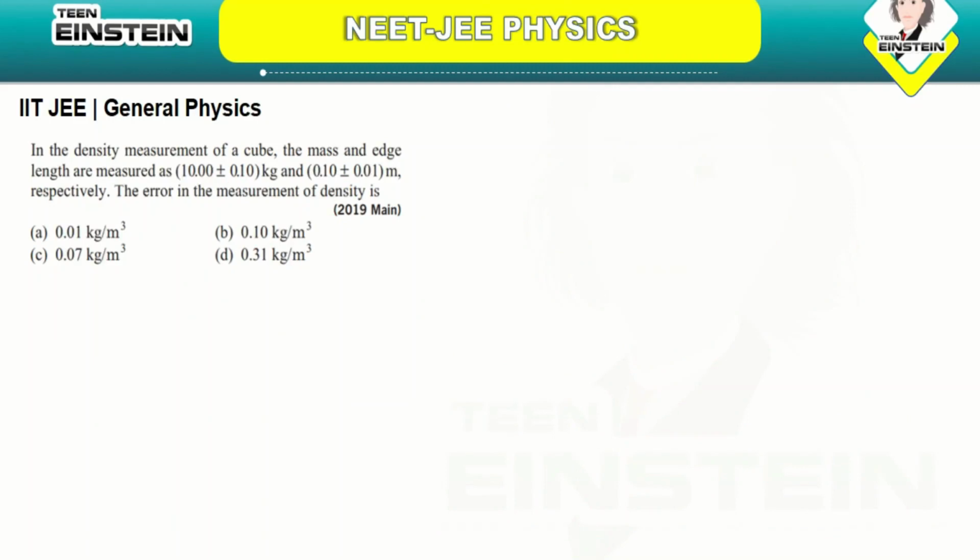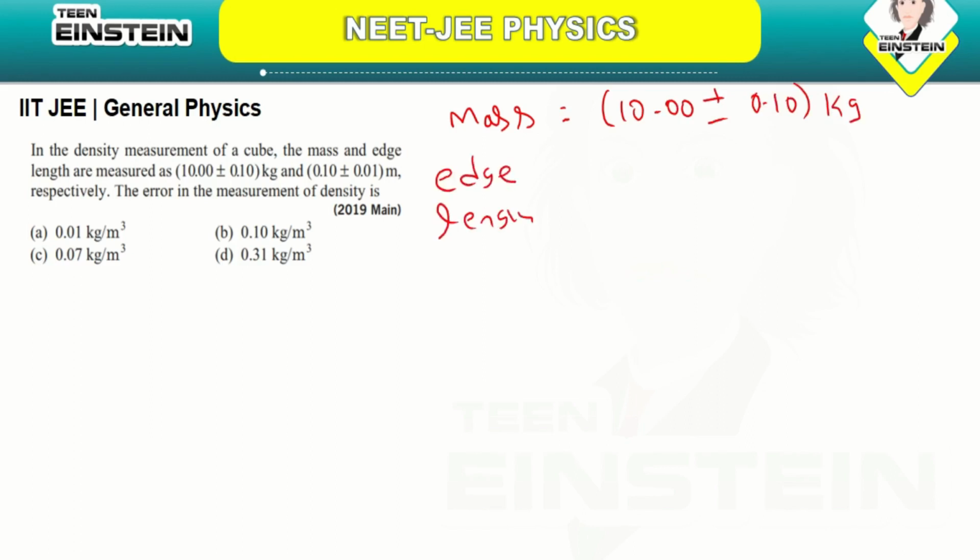In the density measurement of a cube, the mass and edge length are measured as 10 plus or minus 0.10 kg and 0.10 plus or minus 0.01 meter respectively. The error in the measurement of density is? So here the mass is equal to 10 plus or minus 0.10 kg and the edge length is 0.10 plus or minus 0.01 meter.